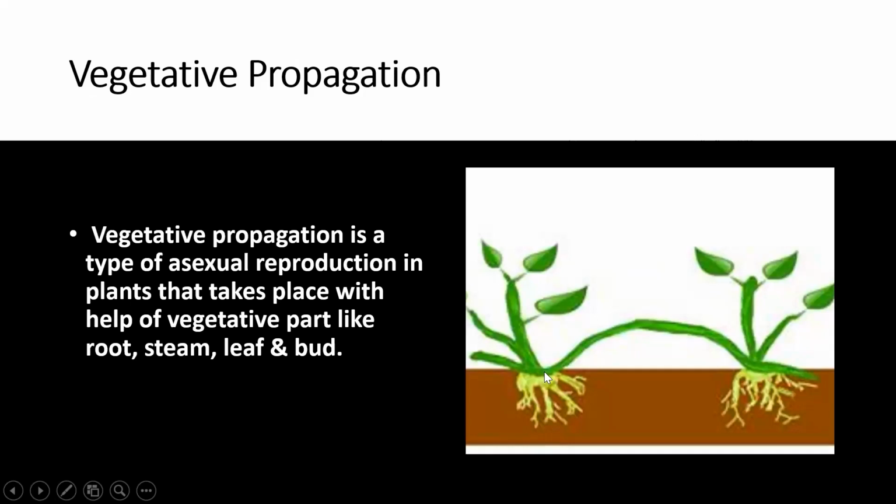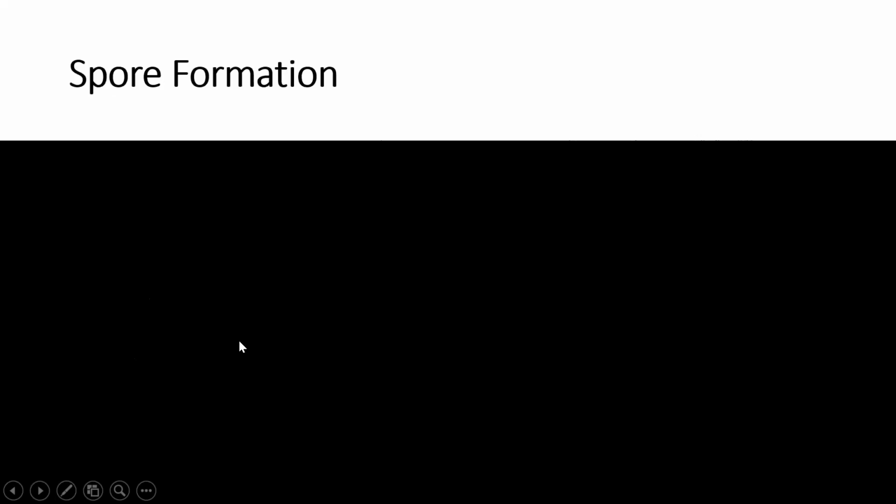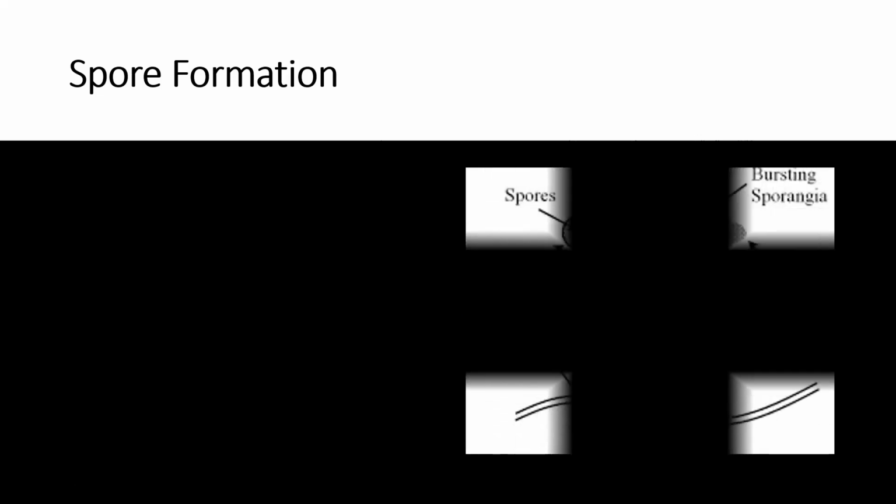Here you see this part of the plant is regenerating, or reproducing another plant. So it takes place with the help of the root, the stem, the leaf, or the bud of the plant.